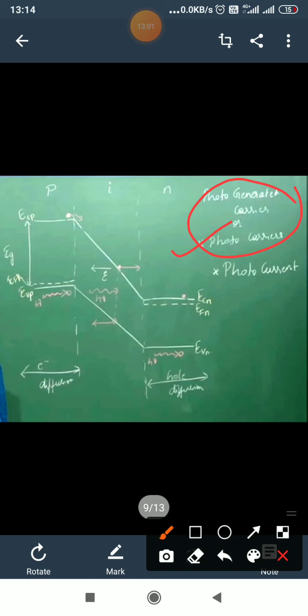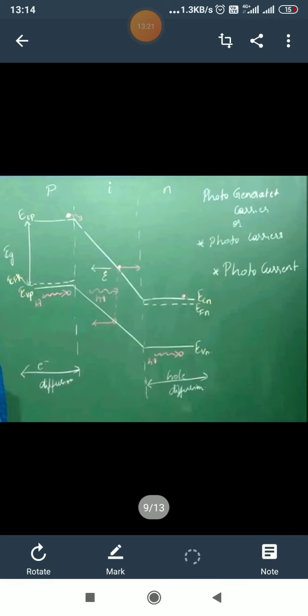Next one is the photo current. If current starts to flow when we connect to an external circuit because light falls on the PIN region, that current production we call photo current. So these are the two terminologies that we have to explain: photo generated carriers and photo current.